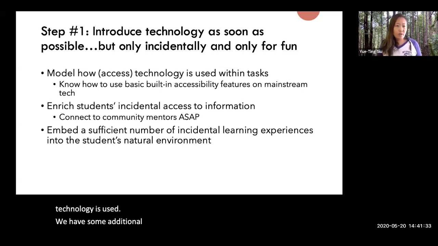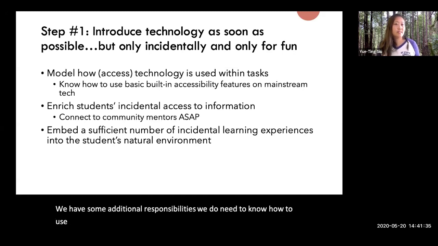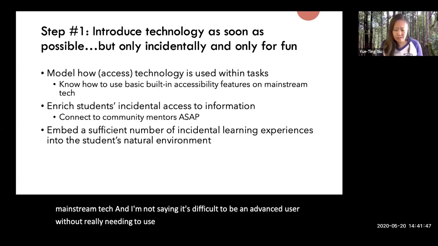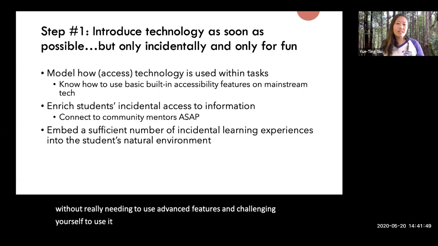We do need to know how to use basic built-in accessibility features that are freely available on mainstream tech. And I'm not saying it's easy to be an advanced user without really needing to use those advanced features and challenging yourself to use it every day. But we need to at least know enough of the basics so that we can enrich our students' incidental access to information.